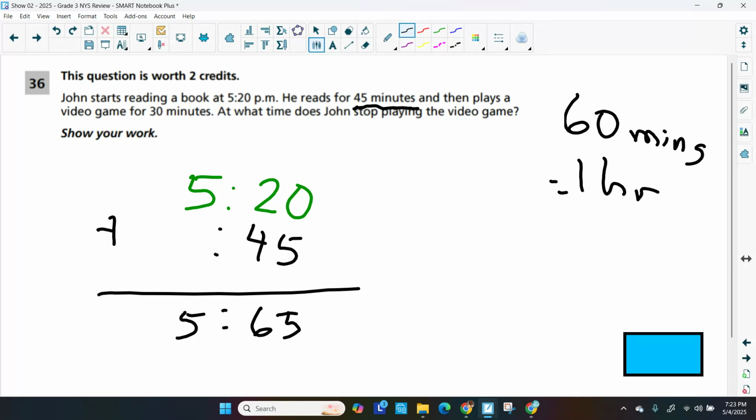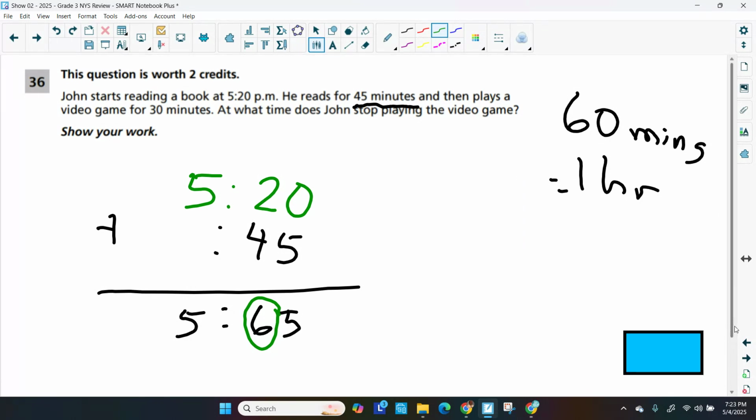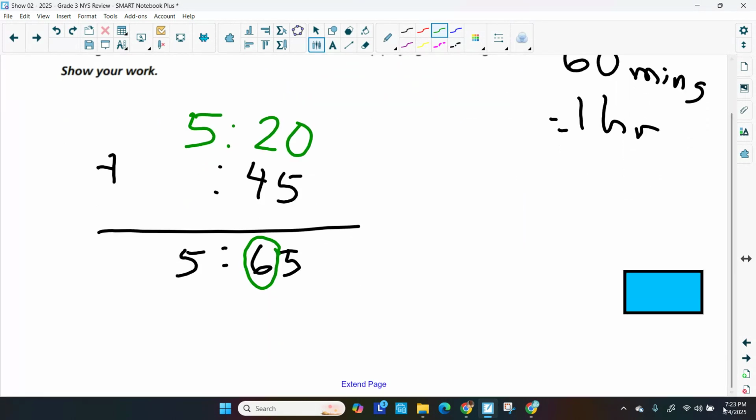So what I'm going to do right here is a little subtraction or rebundling. I need to move down a little bit. I'm going to take that 65 minutes, put it over here, 65 minutes.